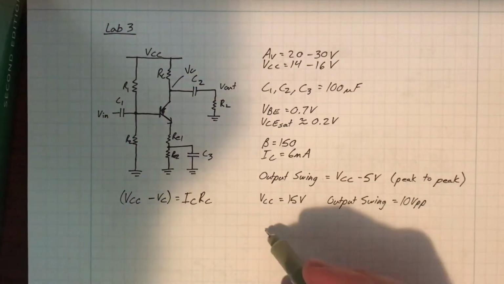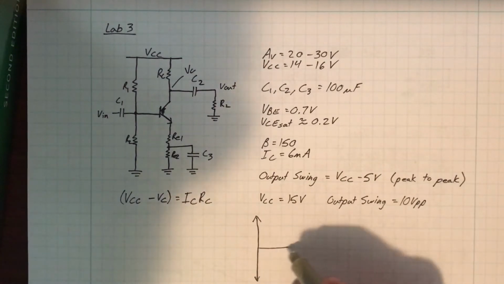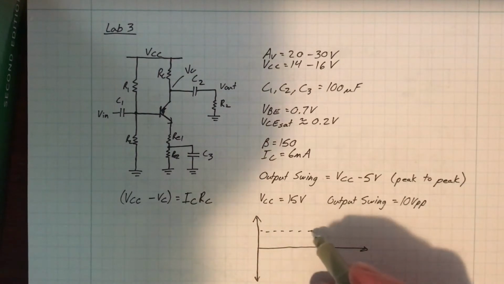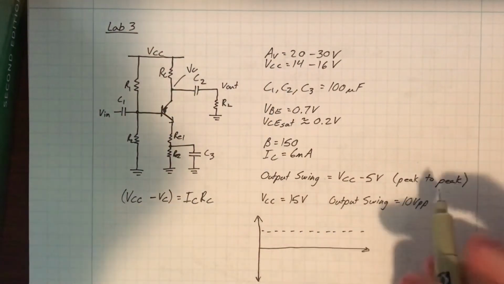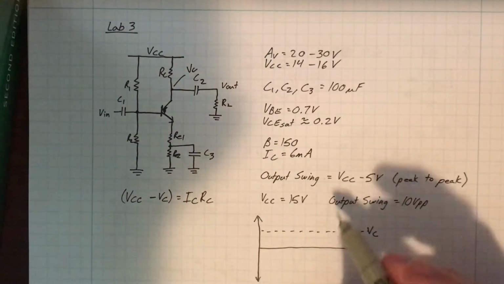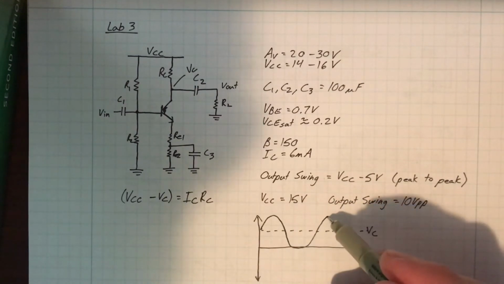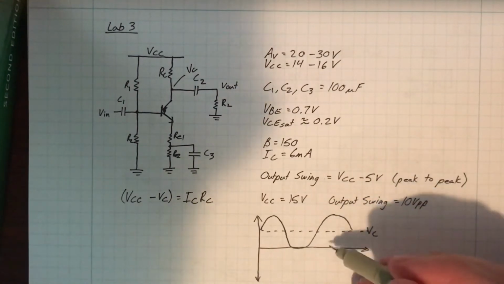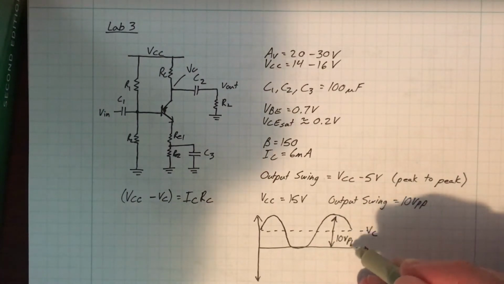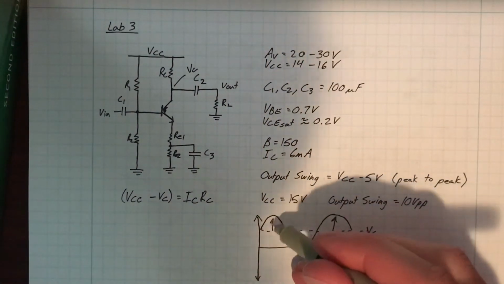If we look at this on a graph, we need to choose a DC voltage, which we'll call VC, and we need to be able to swing around that 10 volts peak to peak. And that means the amplitude will be 5.